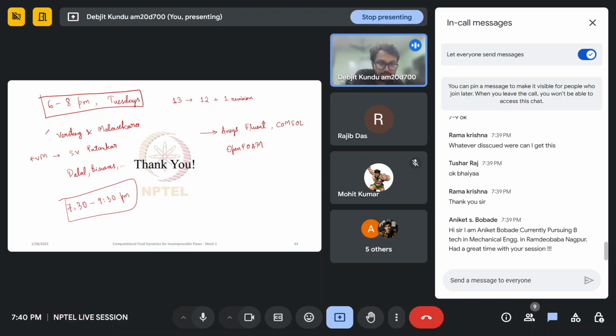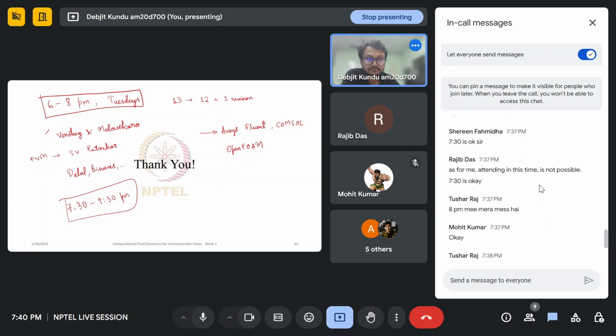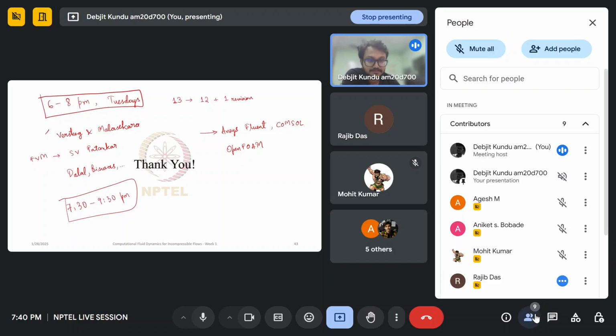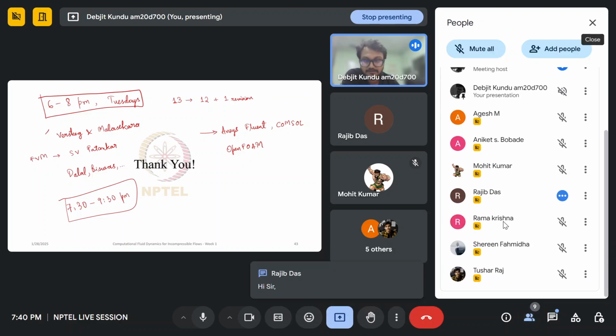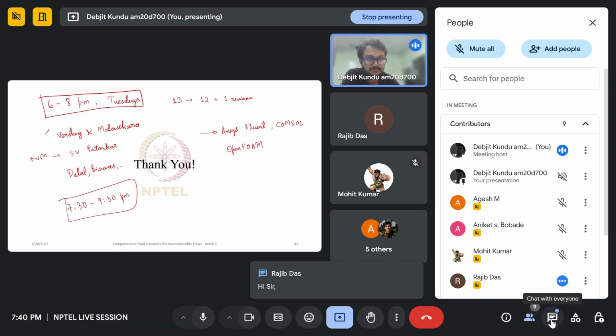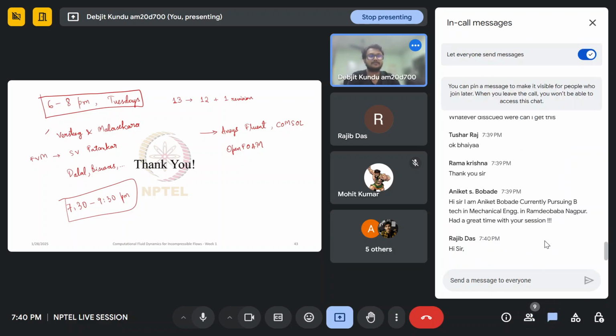Aniket is introducing himself. Hi, sir. I'm Aniket Bawade, currently pursuing BTech in Mechanical Engineering in Nagpur. Had a great time with the session. Thank you, Aniket. I had a great time with you as well. Others, if you're not feeling too shy, you can introduce yourselves as well. Rajiv, hi.